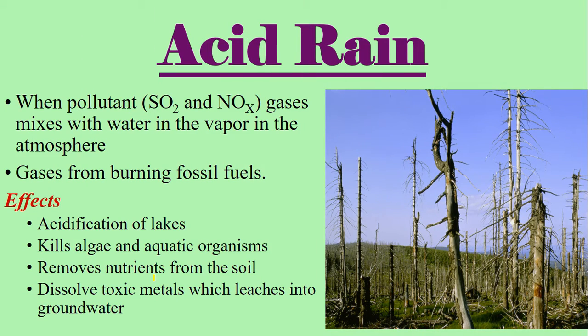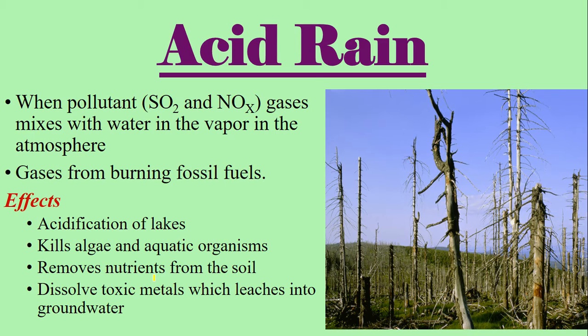Another problem that's causing biodiversity loss, and is factored into some pollution, is acid rain. This is when pollutants like SO2, sulfur oxides, and nitric oxides, NOx, are involved. The X is there because it could be a 2, it could be a 3, so we just write NOx, but they're nitric oxides.